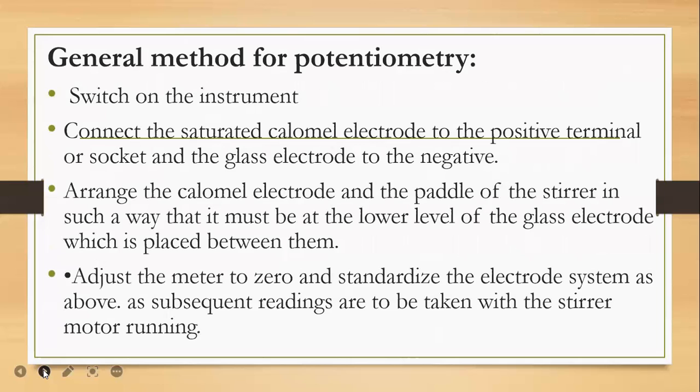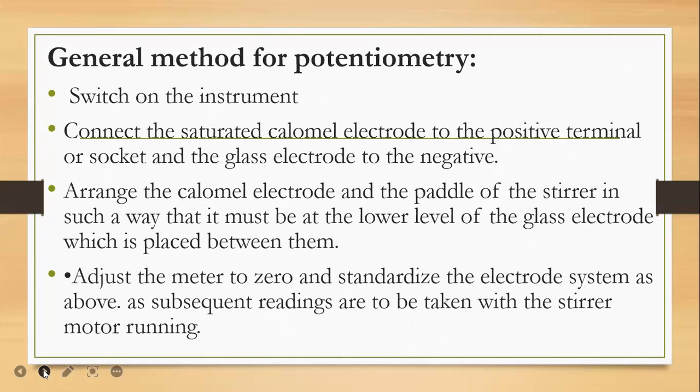So next, the general method for potentiometry. Switch on the instrument, connect the saturated calomel electrode to the positive terminal or socket and the glass electrode to the negative, and arrange the calomel electrode and the paddle of the stirrer in such a way that the paddle is at the lower level of the glass electrode, which is placed between them.